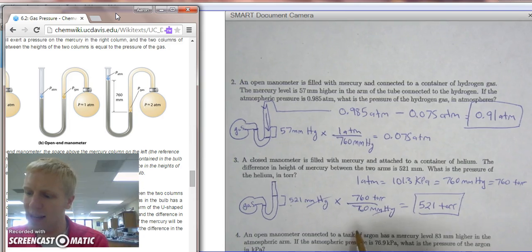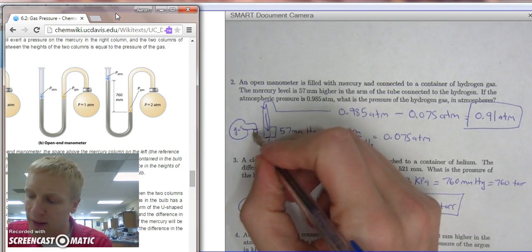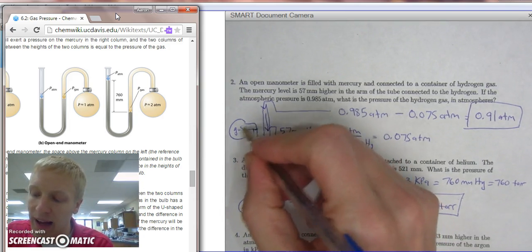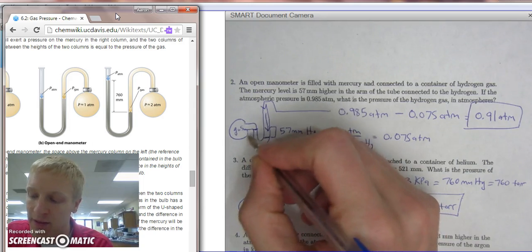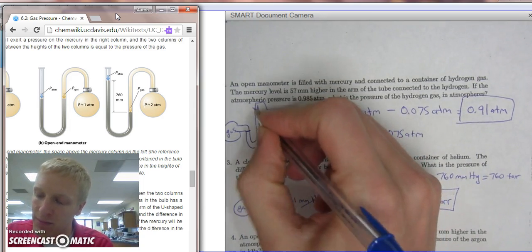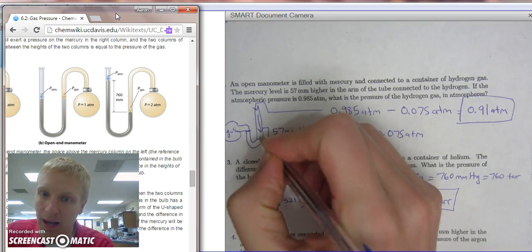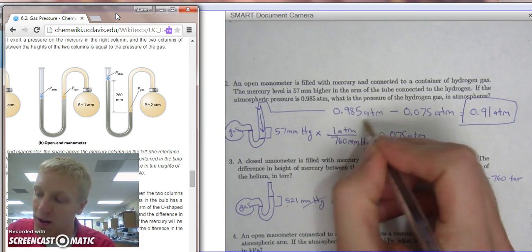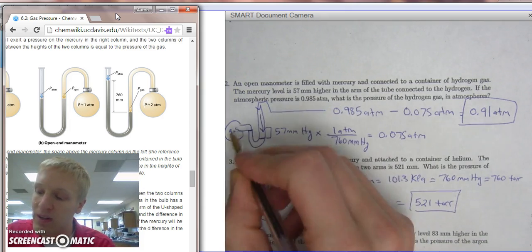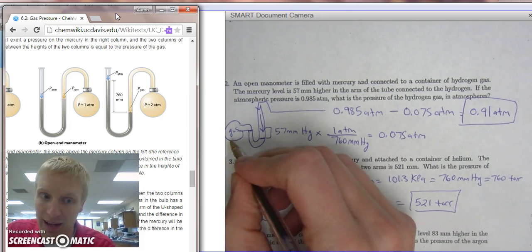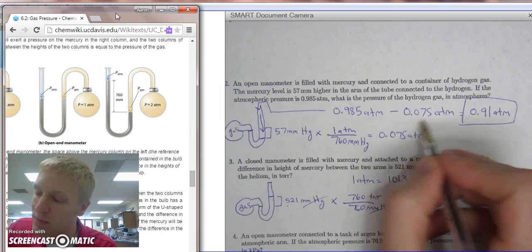So again, just recapping, what I did was I found that the mercury was higher in the gas chamber side than in the atmosphere side. Therefore, the atmosphere pressure was pushing down harder, meaning it was stronger pressure in the atmosphere, which means my gas pressure had to be lower. So I subtracted.